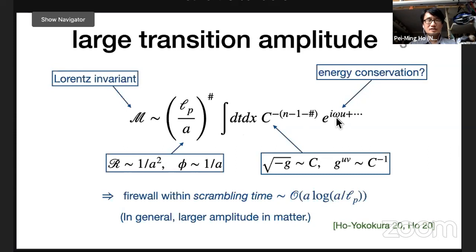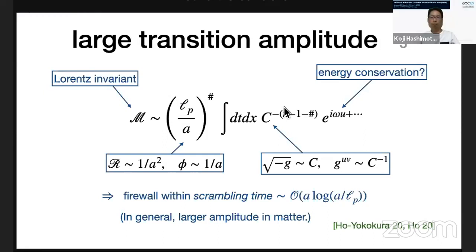If you take it large, there is some cancellation, but note that C inverse is an exponential factor. So when you integrate the region far off from the region where you have maximal value of C inverse, they don't contribute. So essentially only the region maybe of size 1 over omega with the largest value of C inverse is the region where the integral dominates.